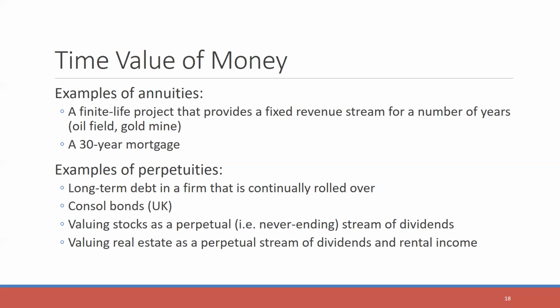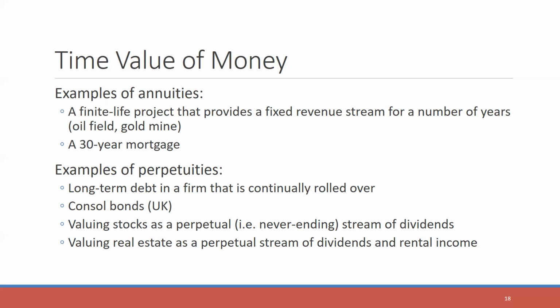A perpetuity, you can think of a great example for perpetuity as long-term debt that the company just continually rolls over. So that may not feel very intuitive now, but I promise you when we get into capital structure, you'll remember it. Another example of a perpetuity is stock. Stocks are never ending, meaning if I own a share of a company, my share doesn't have an expiration date.